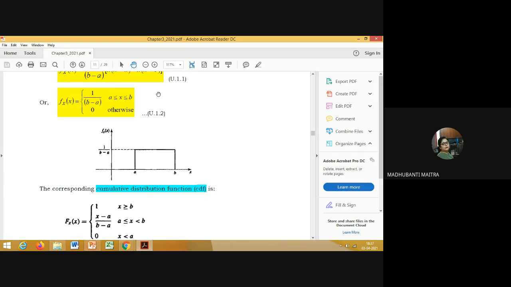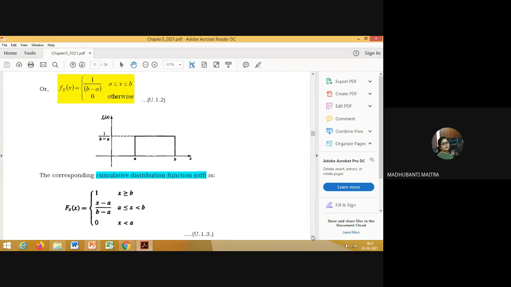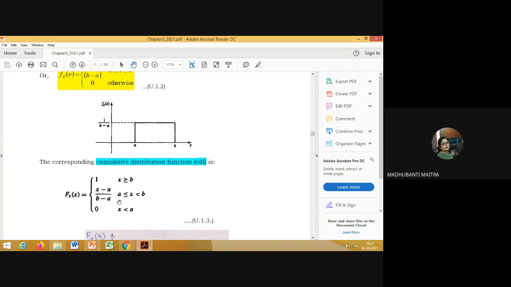We have to integrate this density function, or for the time being, just to verify the fact that for a uniformly distributed random variable the distribution function is capital Fx equal to x minus a by b minus a within this region, you can take the derivative of this one to verify whether this is the distribution function or not. Please do it.